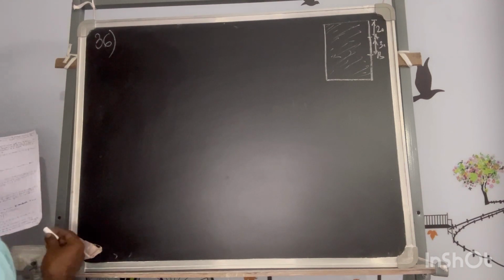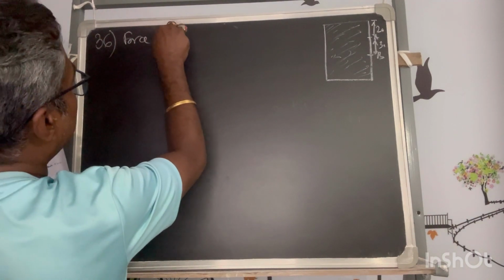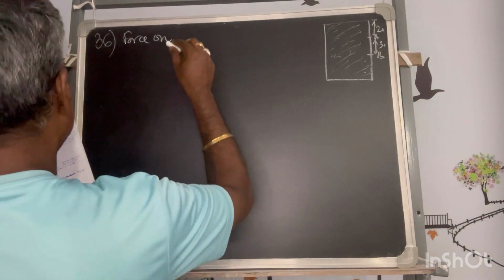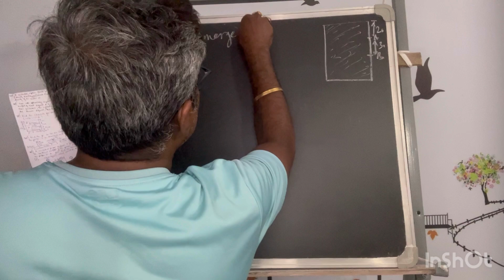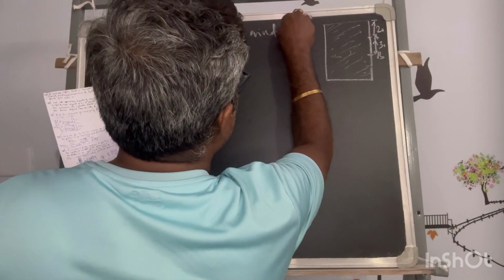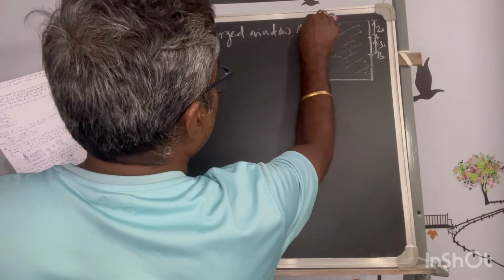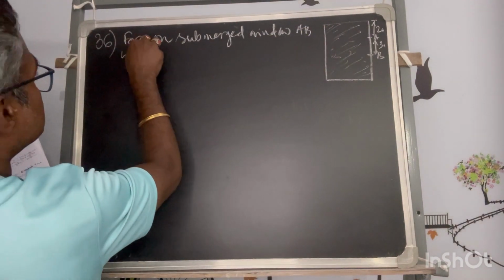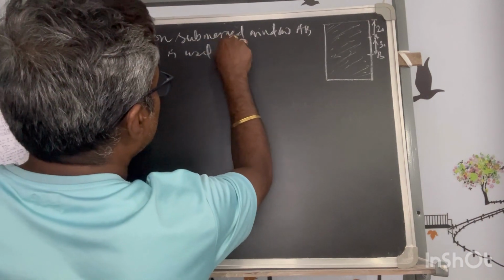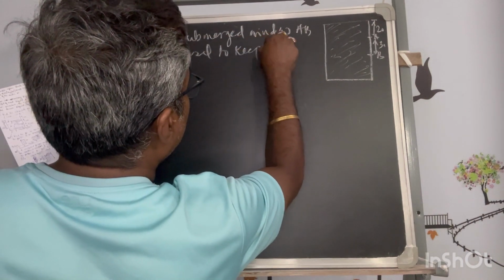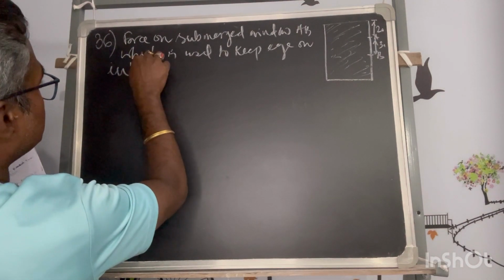And now the sum says: force on the submerged window AB, which is used to keep an eye on the inhabitants.